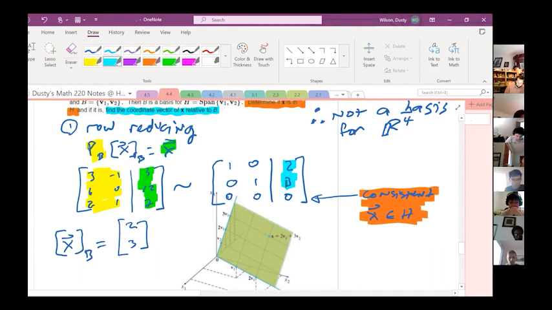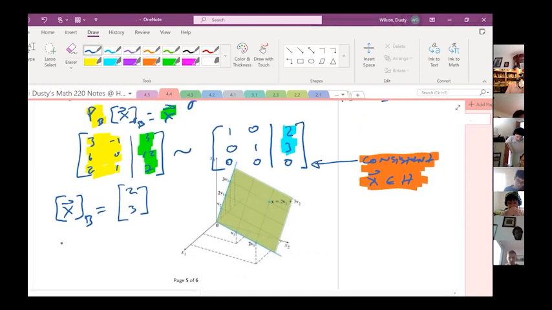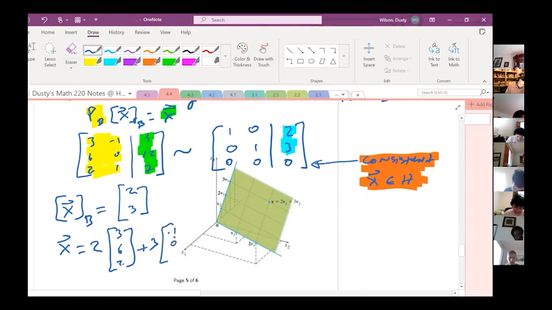And specifically what that's telling us is that X is equal to 2 times 3, 6, 2 plus 3 times -1, 0, 1.